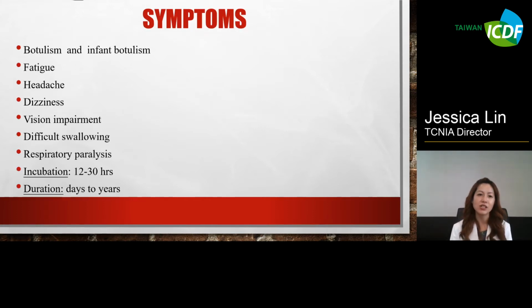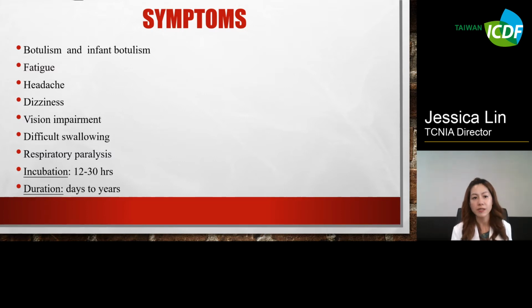Symptoms. So if the person is infected with C-botulism, it will show botulism and infant botulism symptoms.